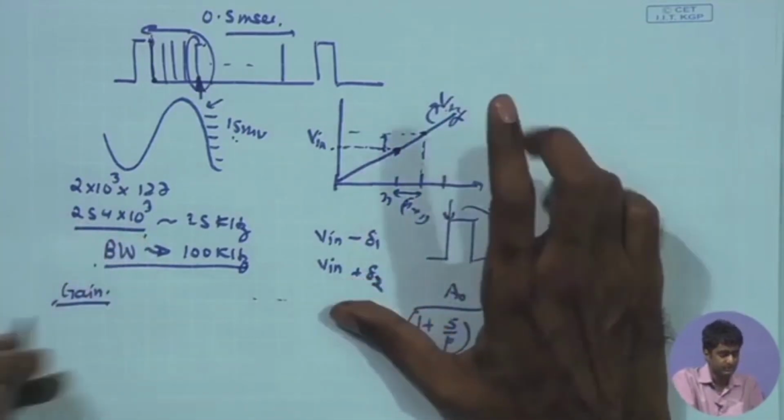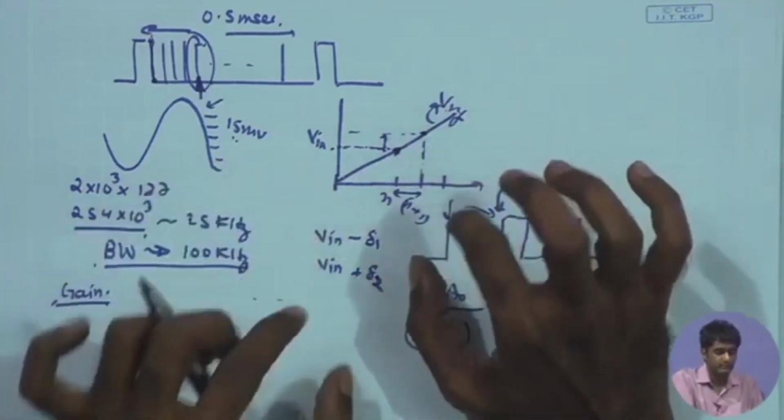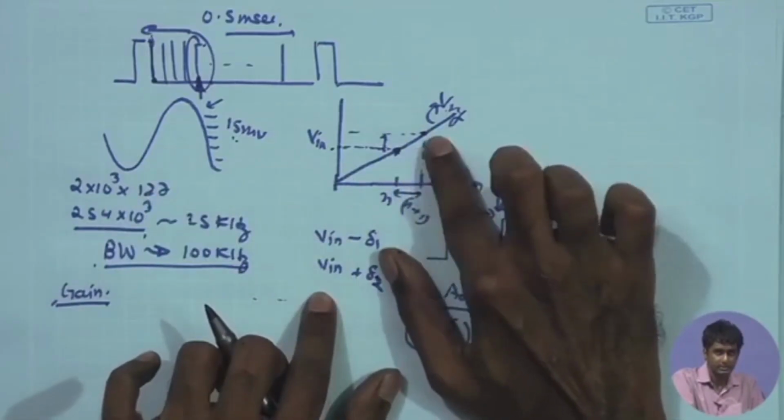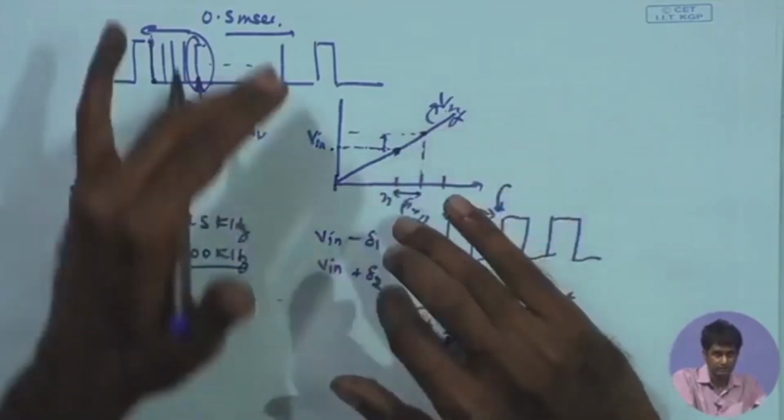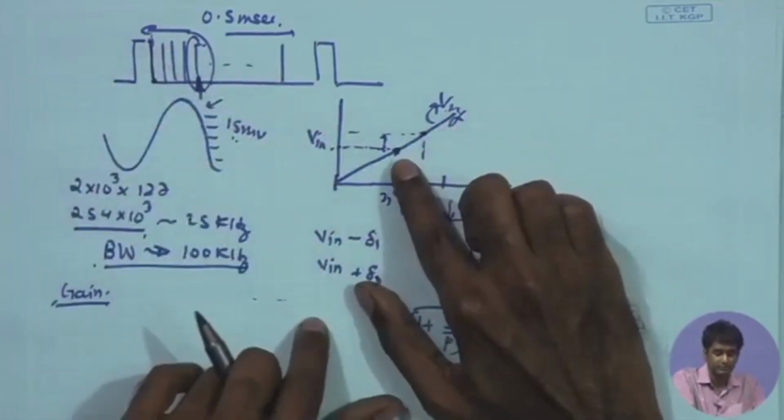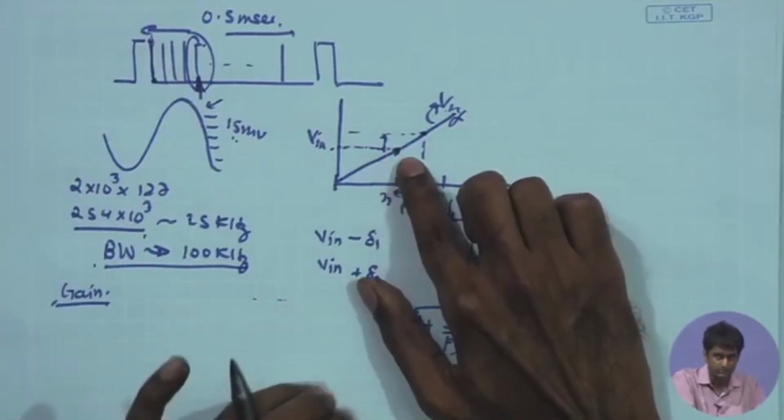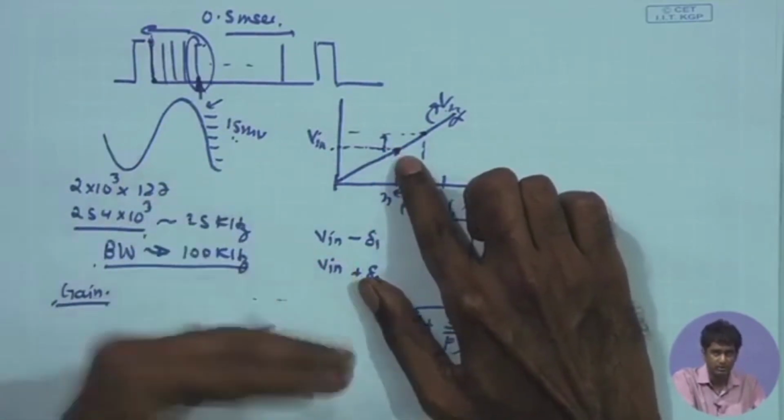So to an approximation, this is the minimum signal for which the comparator has a transition from the minimum voltage level, 0, all the way to VDD or vice versa.